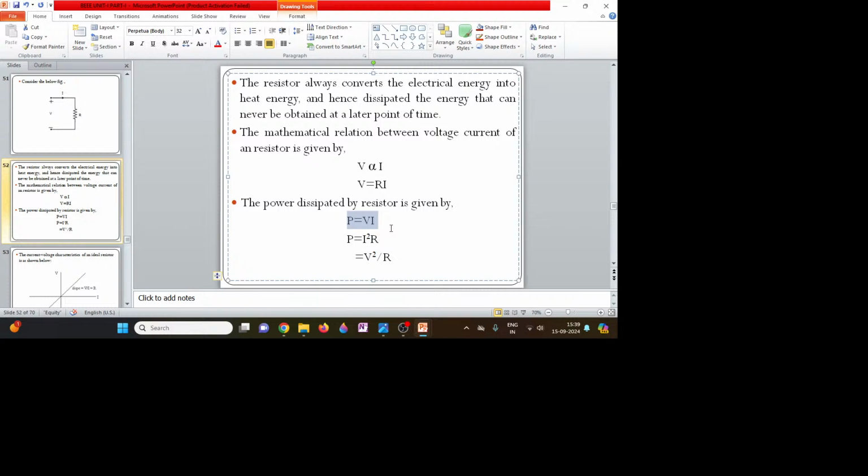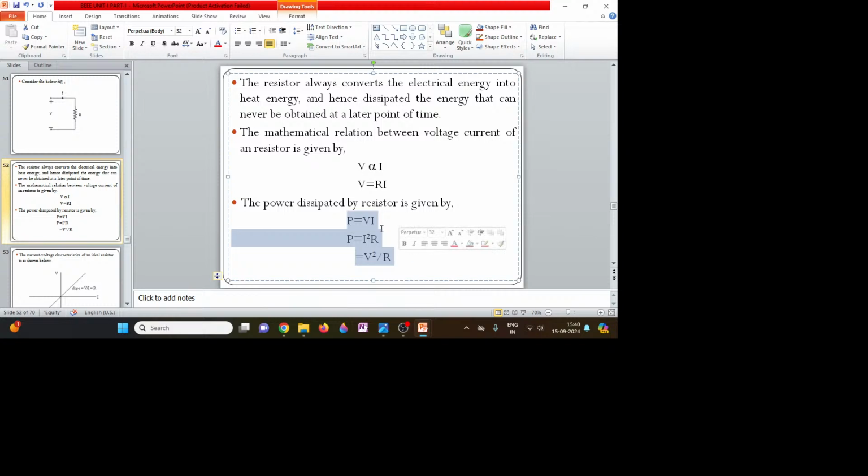So power is equal to V into I. If we know the relation between voltage, resistance and current, you can simply replace V by I into R. If you replace V by I into R, power will become equal to I square R. And instead of replacing V with IR, you can use I is equal to V by R. If you replace I with V by R, you will get V square by R. So these are the three formulas to calculate the power in the given circuit.